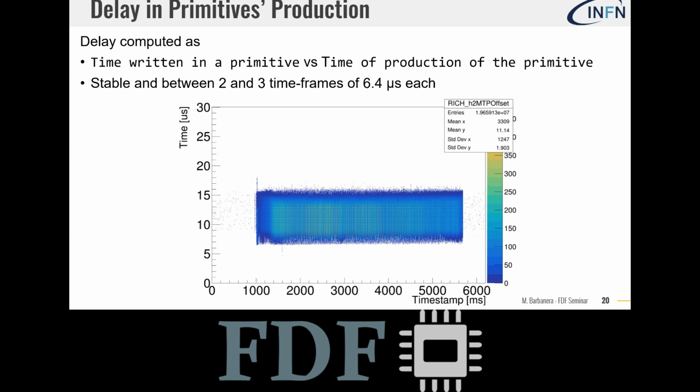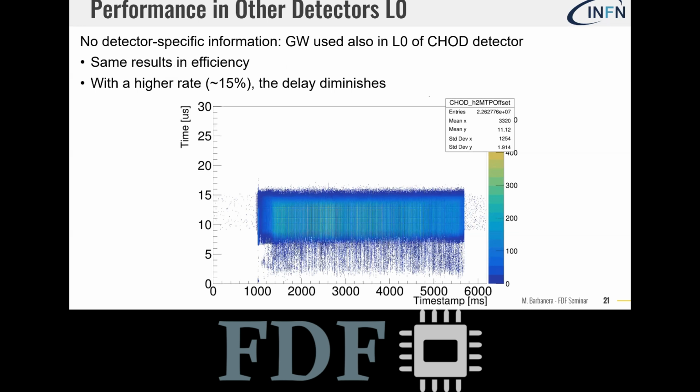Since we did not use any detector-related information in the RICH, we also used the same gateware in another detector, which was the SHOT detector, and we obtained the same results in efficiency.